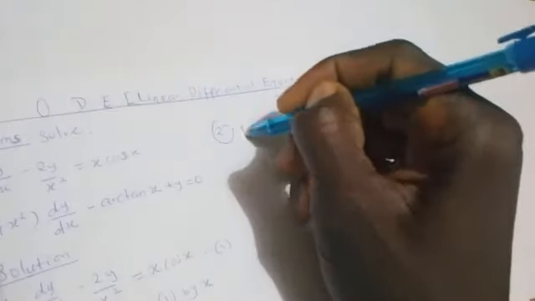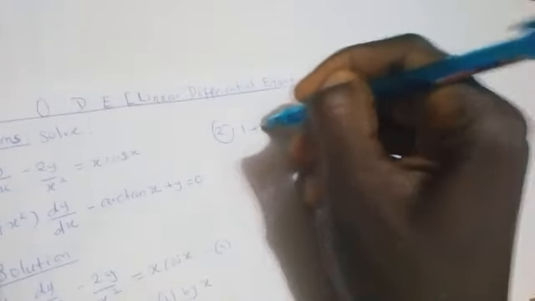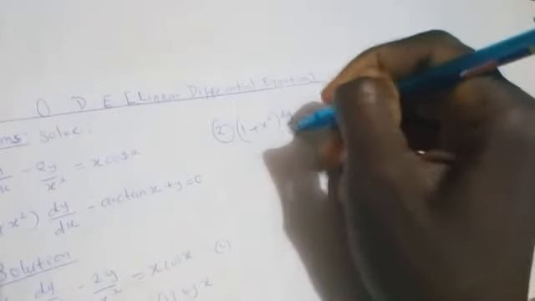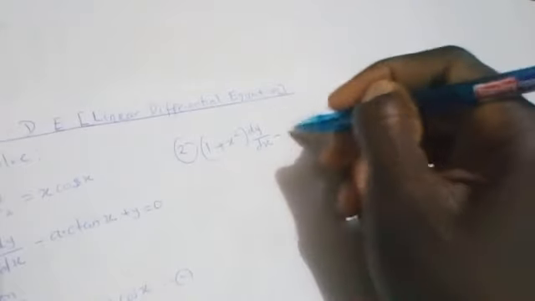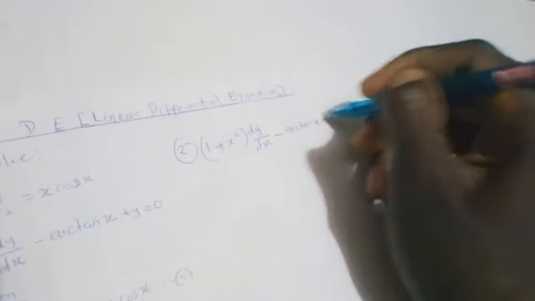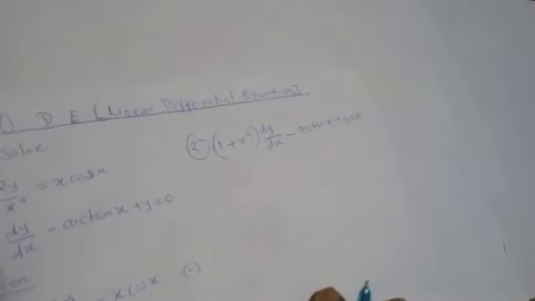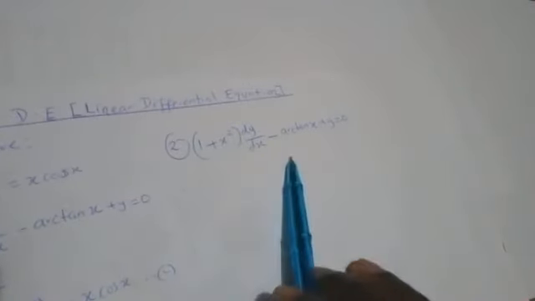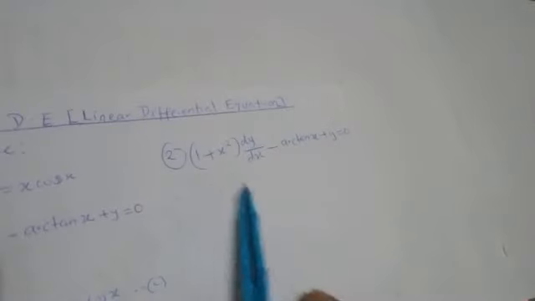We have (1 plus x squared) dy/dx minus tan x plus y to be equal to 0, right? Now, again, we said we want to make this linear. What are you going to do?